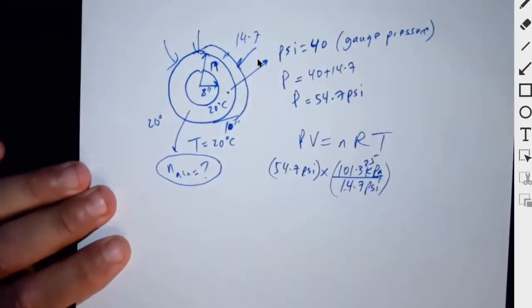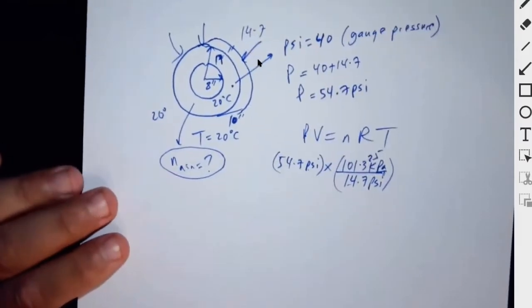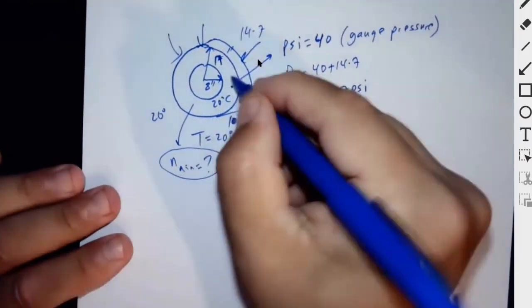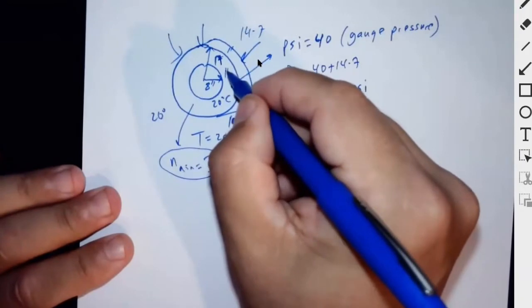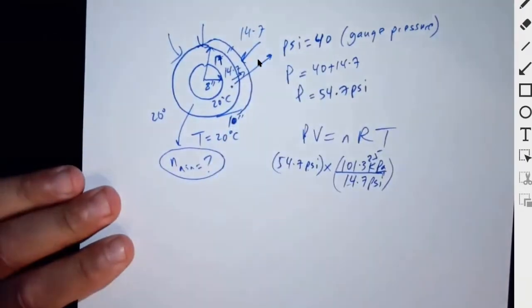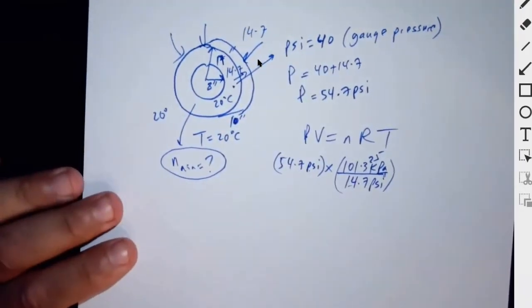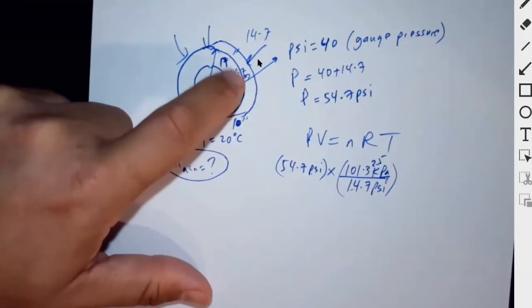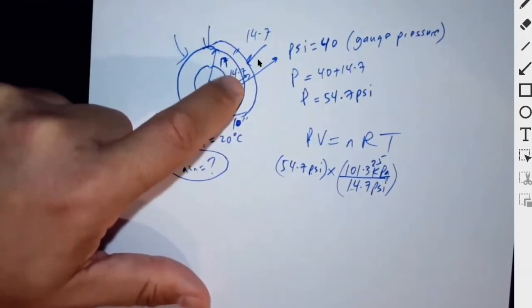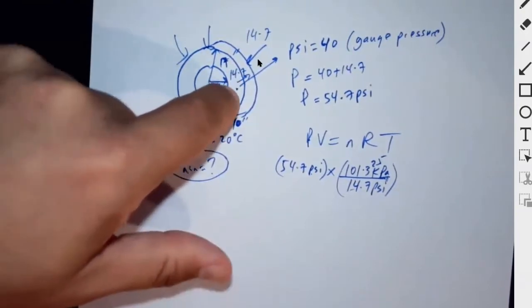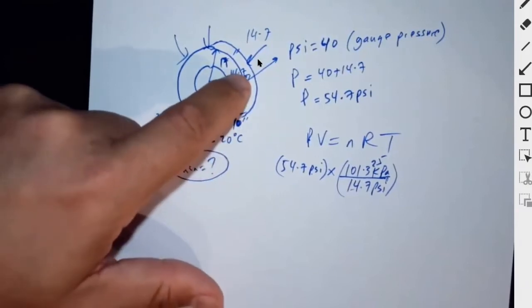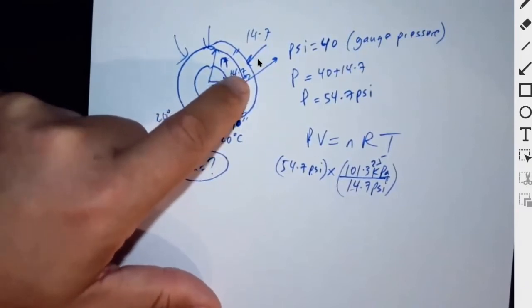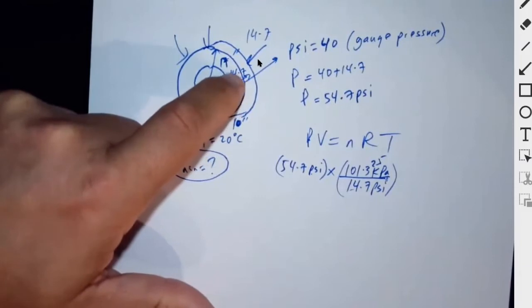pushing in. Imagine a tire that is as flat as you can imagine, then the pressure inside is still 14.7 pushing out. That's a really dead flat tire, right? In order for you to get a pressure less than 14.7, you would actually have to have a vacuum pump to go in and vacuum the air out to lower it below 14.7.